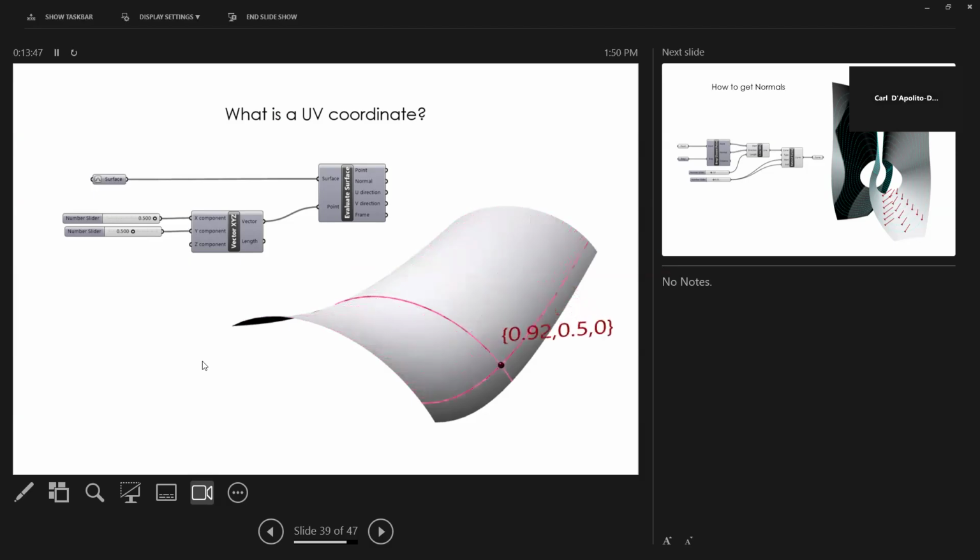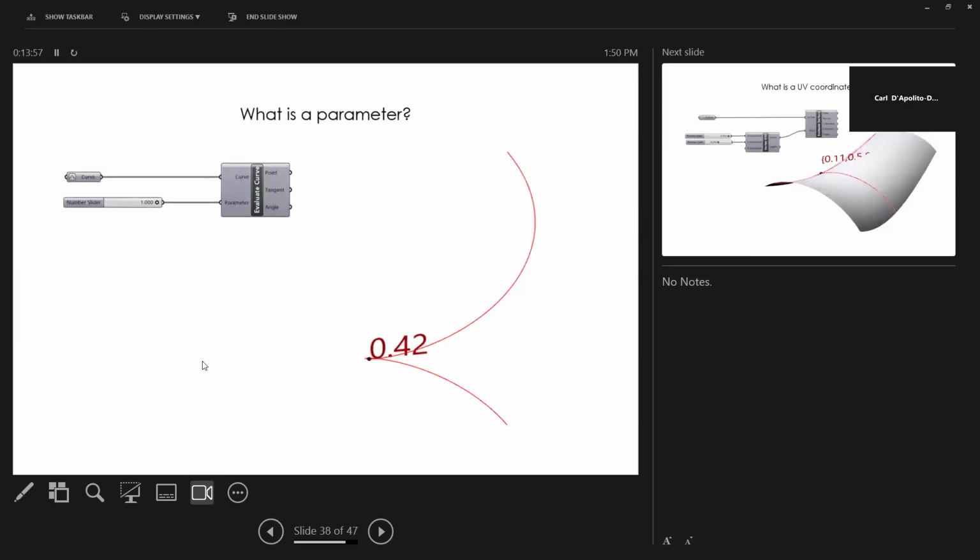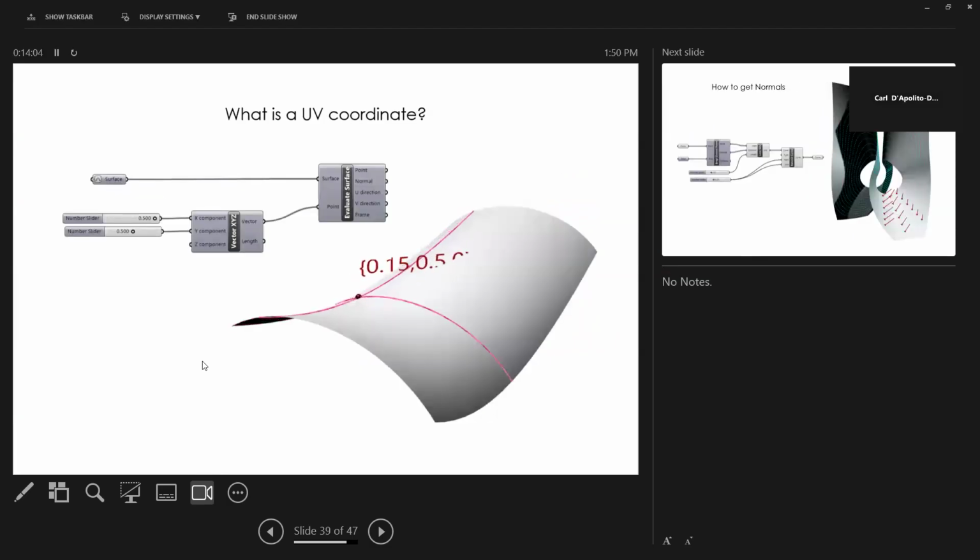It is the address within a surface. So this is 0.5 because it's traveling along the middle here, and then this address is changing. This is the evaluate curve component that lets you evaluate a point along a curve, and that is the evaluate surface component that lets you evaluate a point along a surface. And that is how you find things on a surface.